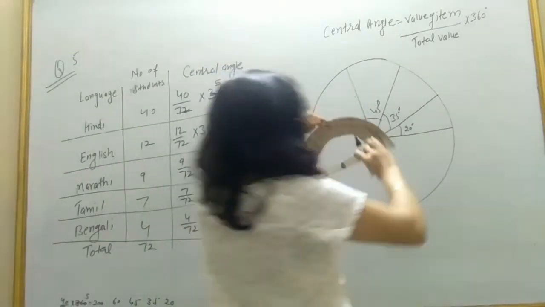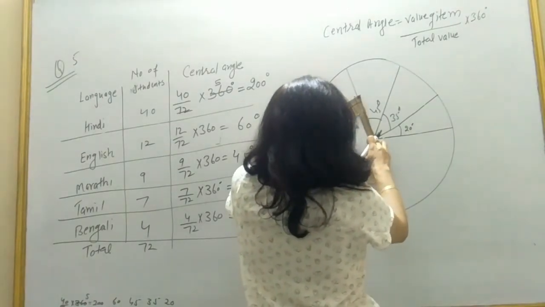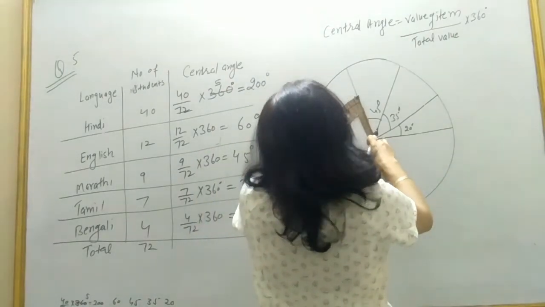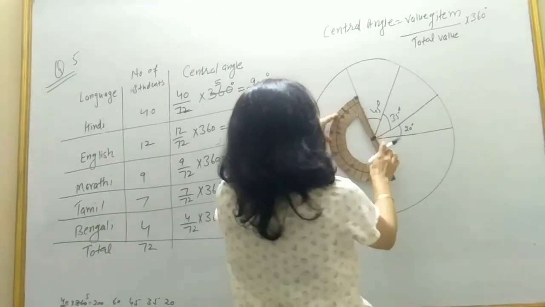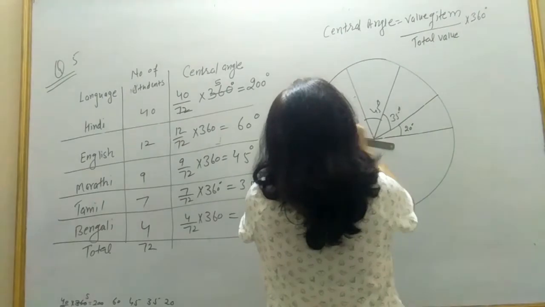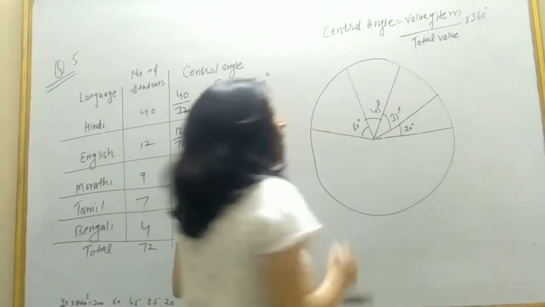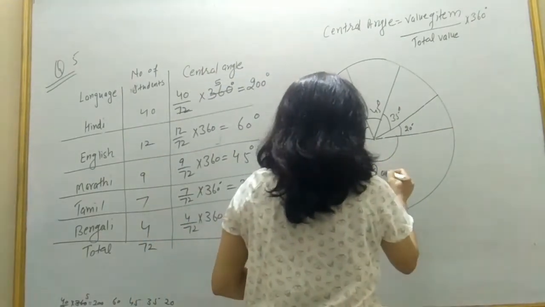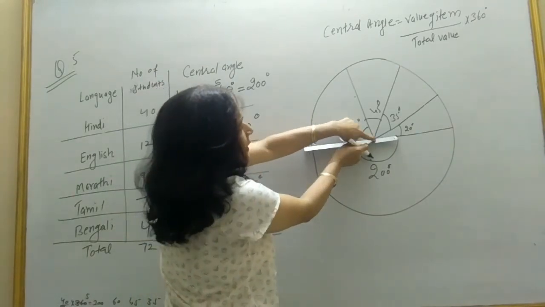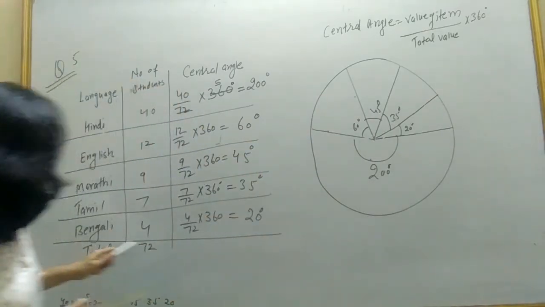Now this line will be the radius and the center is here, and it's again a 60 degree angle. Automatically the remaining angle is 200. You can also check: if it is a straight line, it is 180 degrees, then this will be 20 degrees more. So it is a 200 degree angle.